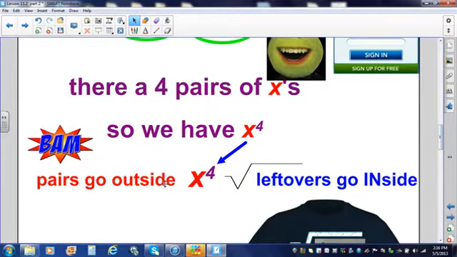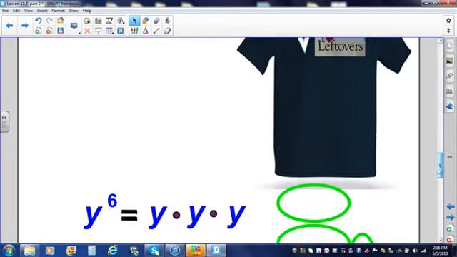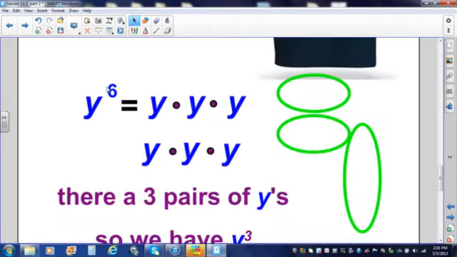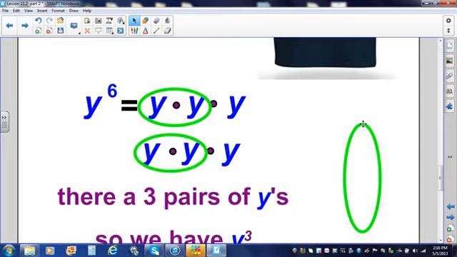Remember, pairs go outside the square root. Leftovers go inside. Ooh, that is a beautiful, beautiful shirt. Thank you. The things I do to enhance your education. Now, we have y to the 6th, which means y times itself 6 times. We are looking for pairs or matches.